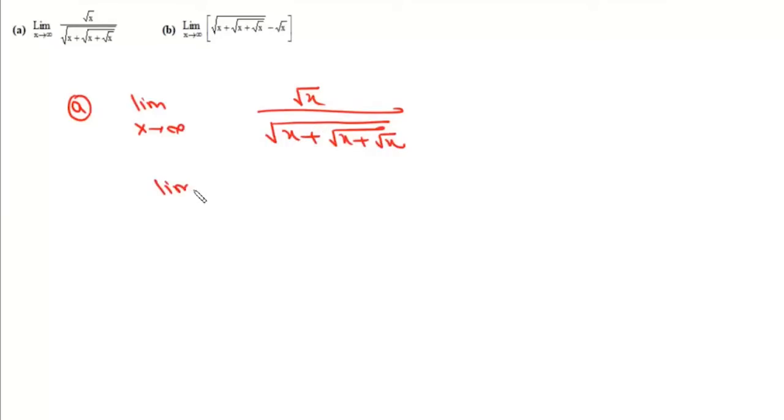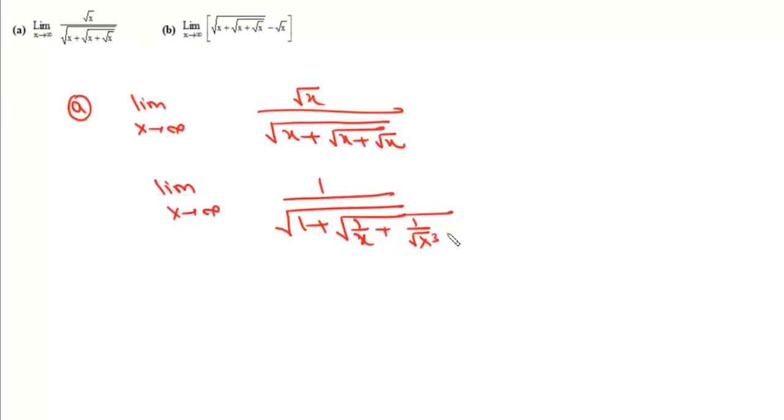So we'll write this as limit x tends to infinity, and this is 1 upon 1 plus under root of 1 by x, plus under root of 1 by x cube. Now we take x as infinity, it will be 0. So the answer to this limit is simply 1.